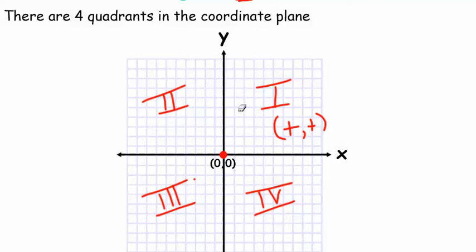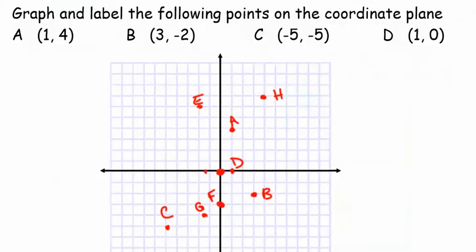And then quadrant 2 is always going to have a negative X value, but then I'm going to go up, so it's a positive Y value, okay? Quadrant 3 is also going to be a negative X value, but it's also going to be a negative Y value. So this is the worst place. It's a negative, negative place, okay? And then quadrant 4 is going to be a positive X, but a negative Y value, okay? So make sure you go back and write this in because this was important and I totally forgot to talk about that. So now write that down and then let's go back to where we ended off.